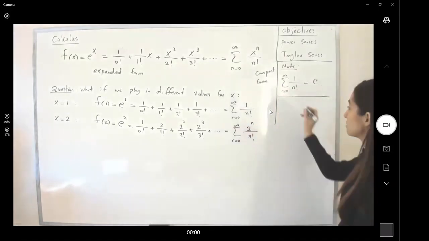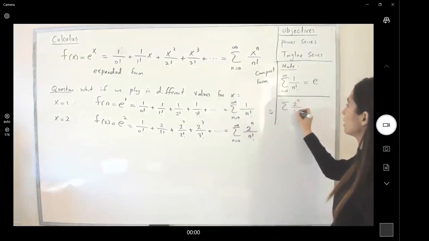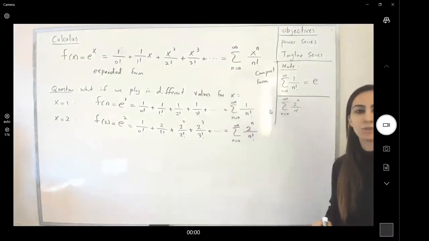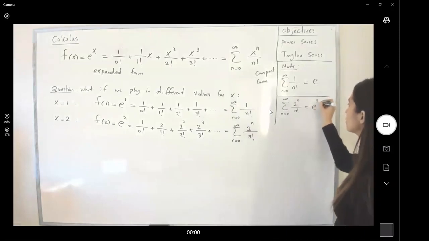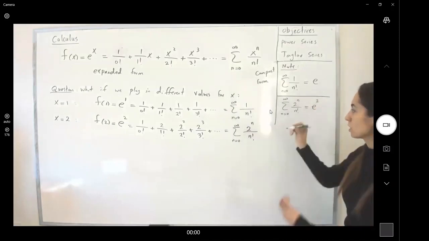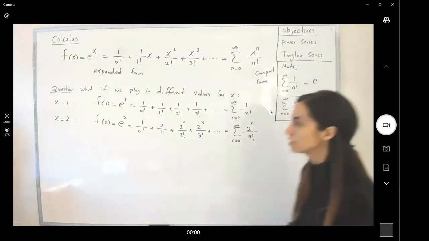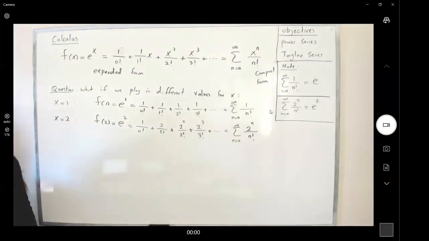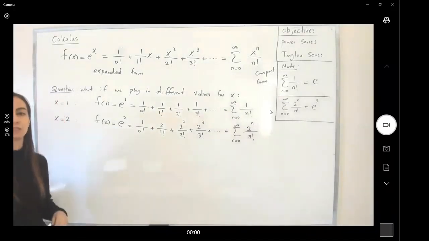What's the meaning of that? It means that if you see a series of the form 2 to the n divided by n factorial, you quickly say, hey, this series has a sum, and that sum is equal to e squared. You continue this process. We have more x values that you can plug in here, and you can write it in expanded form, and the compact form gives you the series notation.